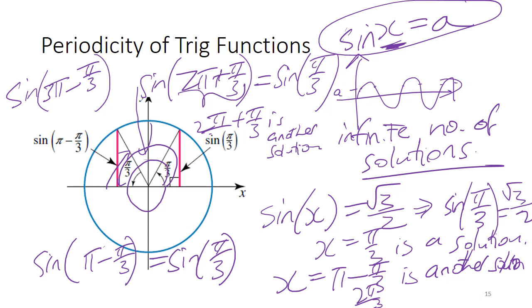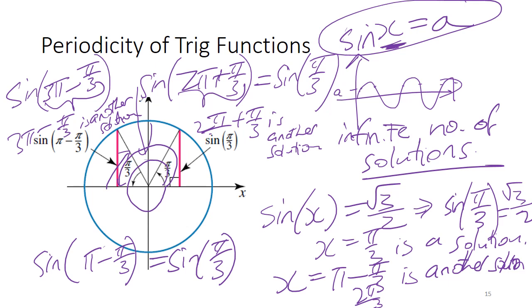Again, that would be another solution. I'm sorry that this is really messy, but what I'm trying to show you here is there are so many solutions. There are actually an infinite number of solutions. To determine more solutions, you can just go around the unit circle as many times as you want, and then you would determine a new solution each time.